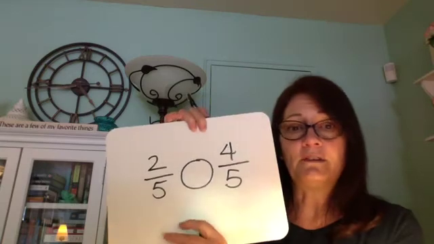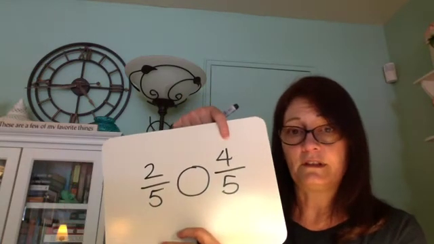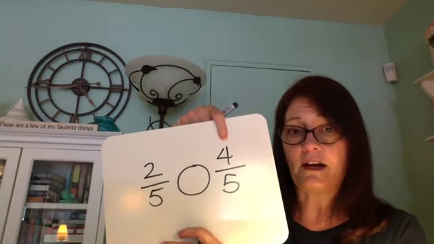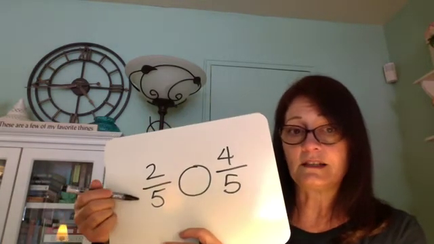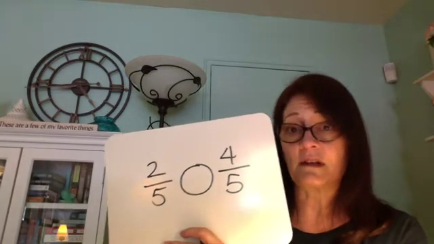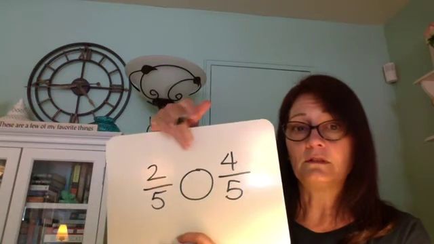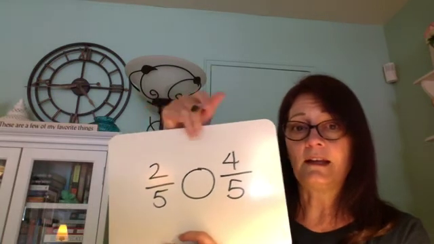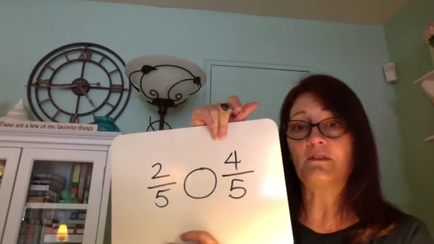if you're comparing 2 out of 5 and 4 out of 5, 4 out of 5 is a bigger group. We both have the same size pieces. See? Fifths and fifths are the same size piece. But here you have 2 of them, and here, I'm sorry, I'm having trouble with the camera, you have 4 of them.